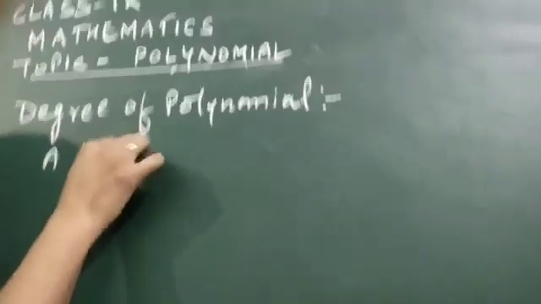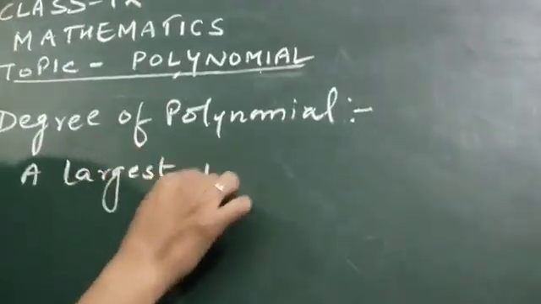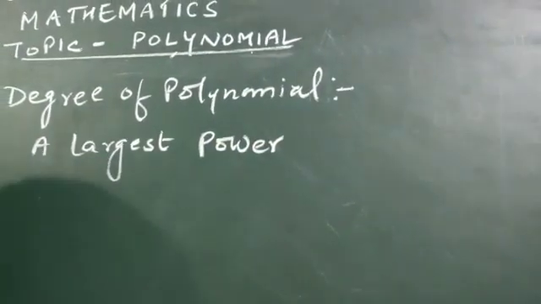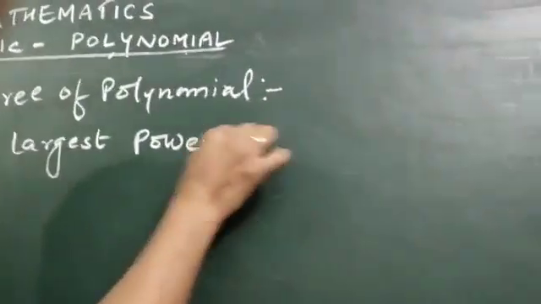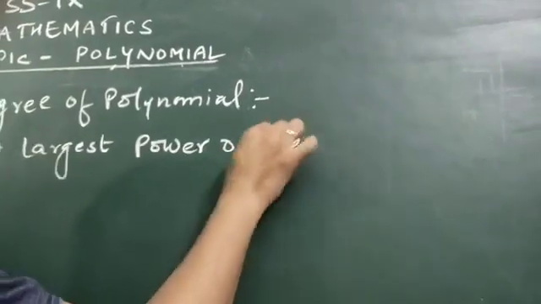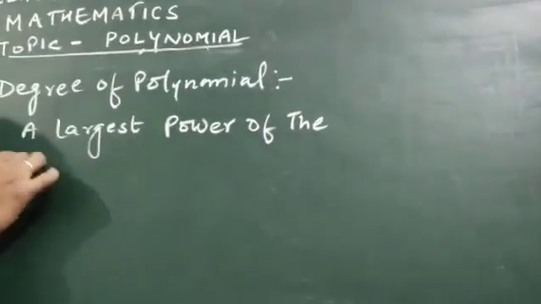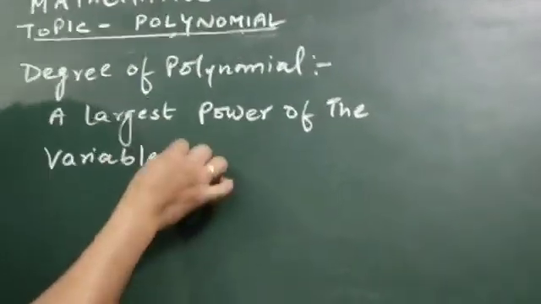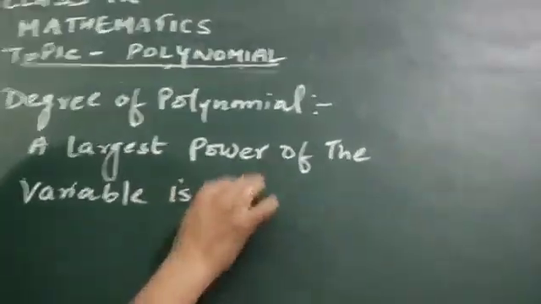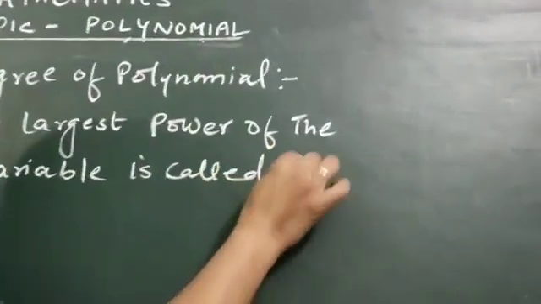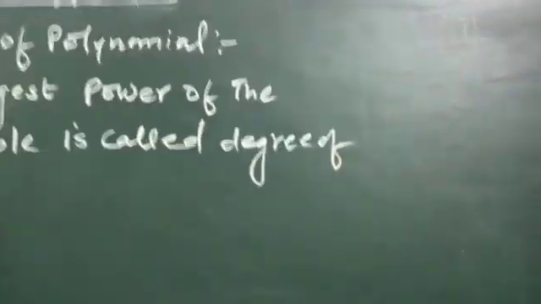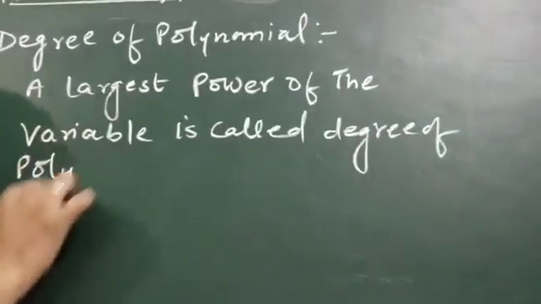The largest power of the variable is called degree of polynomial.